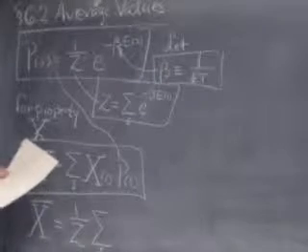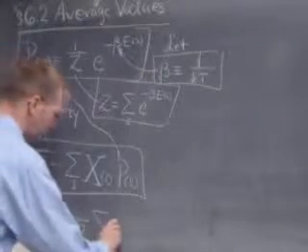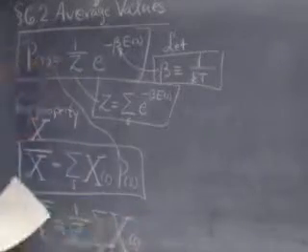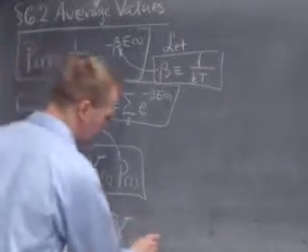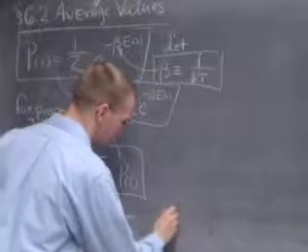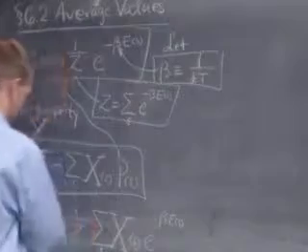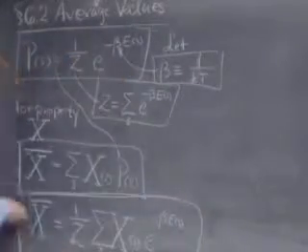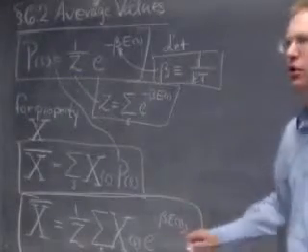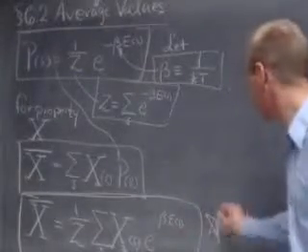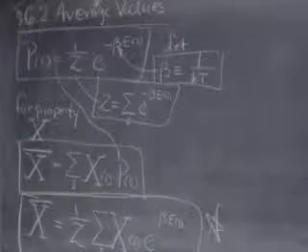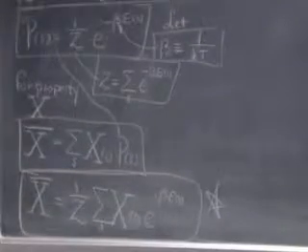One over Z times the sum over all microstates of X of S times the Boltzmann factor for that microstate S. Okay, this is the equation we're actually going to use in practice. This is the definition of a weighted average. This is a more practical version to use.